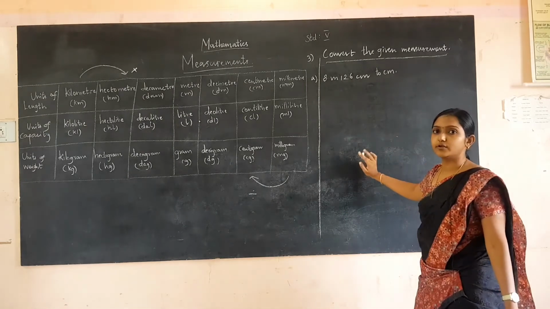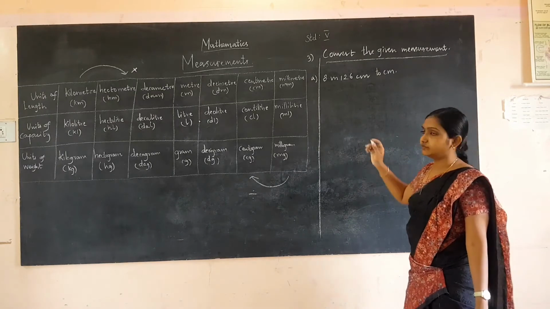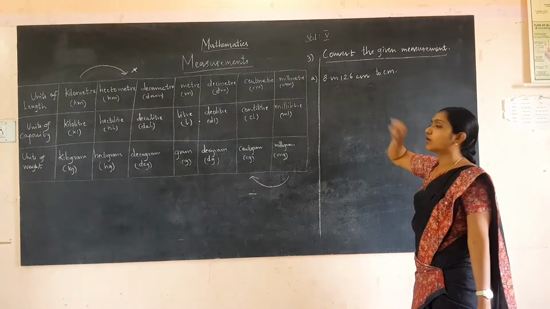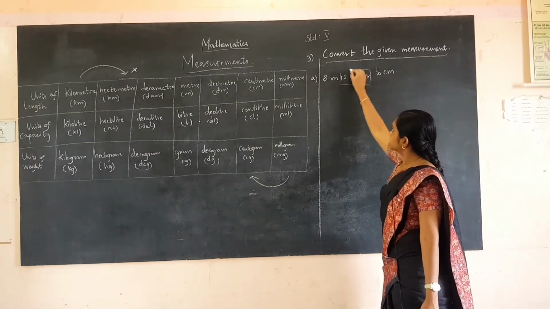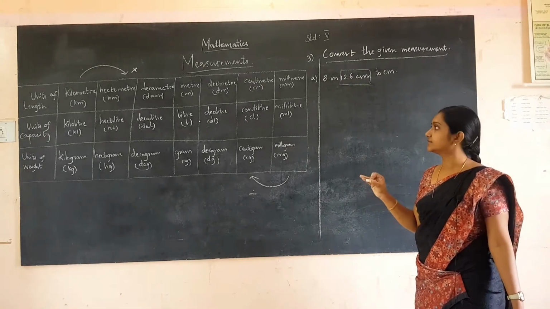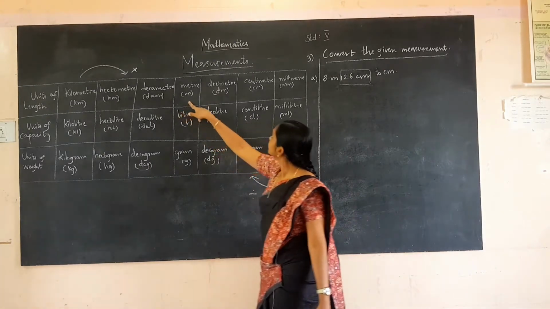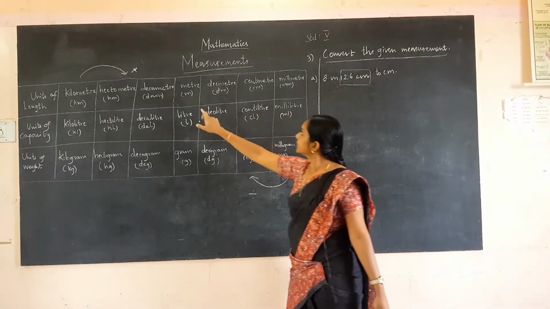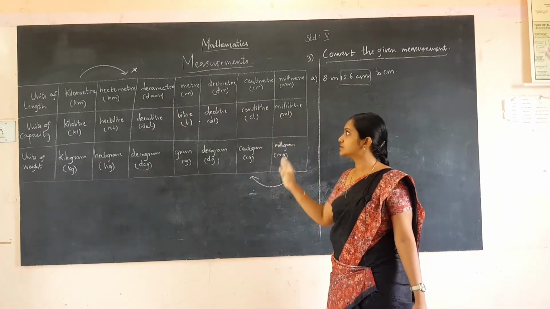centimeter. We are going to convert the given measurement into centimeter. We are having two units of measurement. One is meter, another one is centimeter. So let us keep that centimeter as it is. And we are going to convert 8 meter first. We are going to convert meter to centimeter, from larger to smaller.